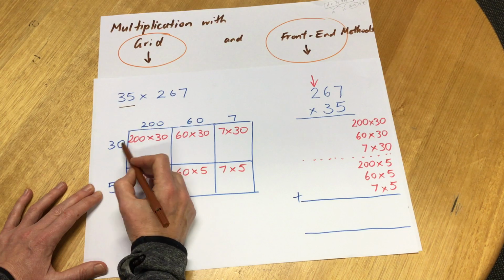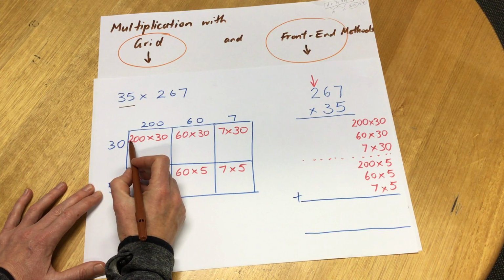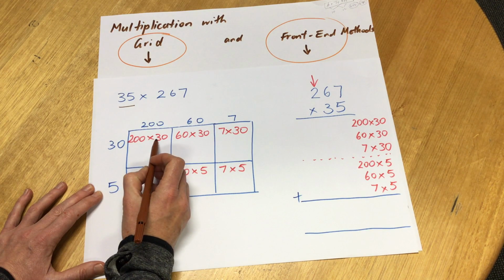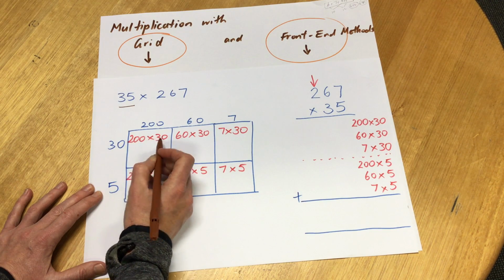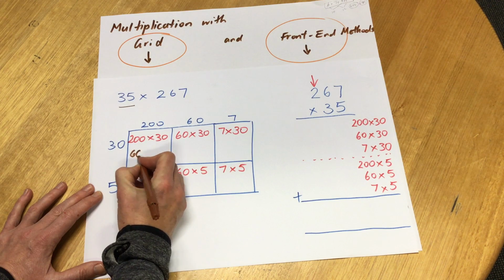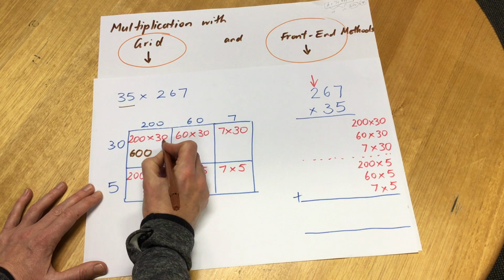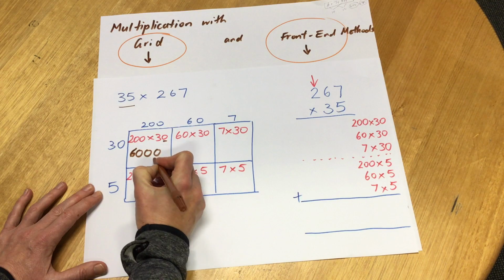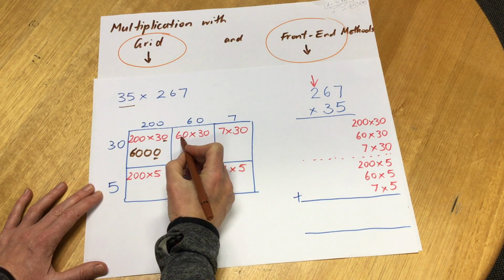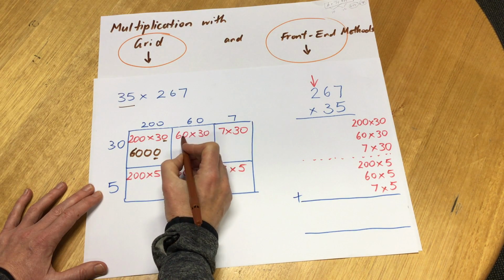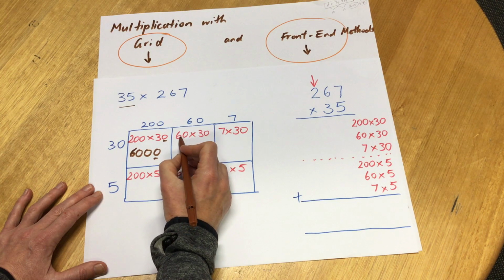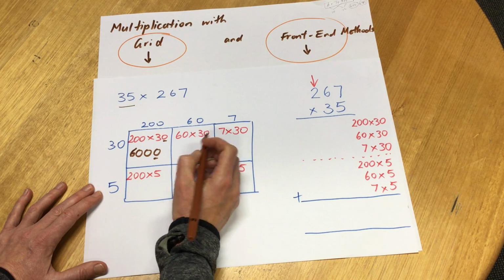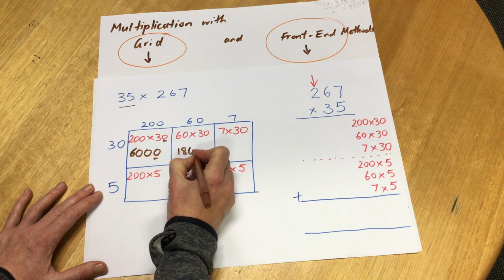200 times 30. I could go 200 times 3, which I know is 600. And then it's not just 3, it's 3 tens, so I've got to remember that. 60 times 30, I could go 60 doubled and then add another 60, or I could go 60 times 3 if I knew what that was, which I happen to know.